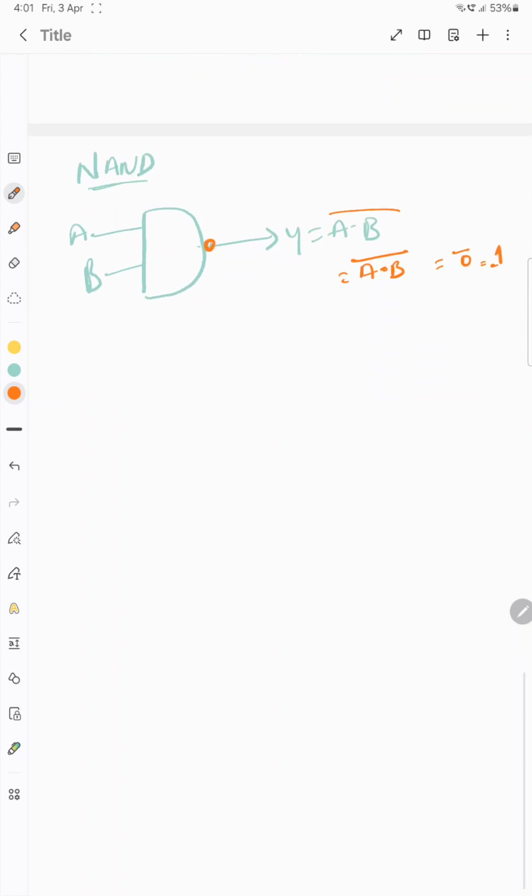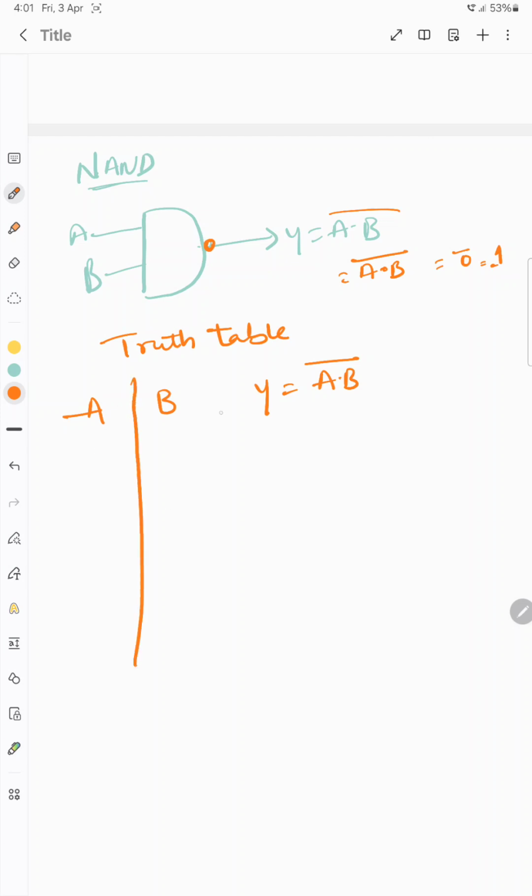So we will go with the truth table. This truth table has A, B, and y is equal to A dot B whole bar. Okay, 0, 0: y is equal to 0 dot 0 whole bar. 0 into 0 is 0, 0 bar we get as 1.